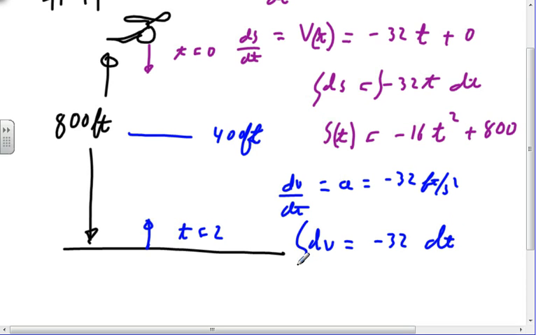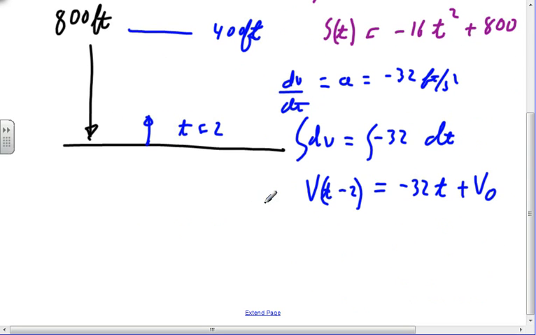I integrate both sides, and I get my velocity at time t minus 2, because I don't go up until t minus 2, equal to minus 32t plus the thing I'm solving for, v naught.